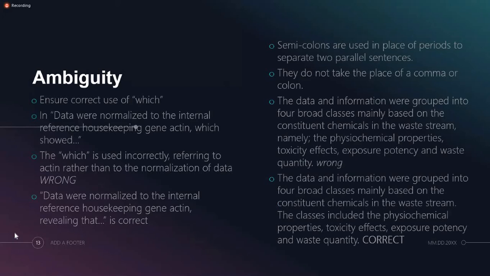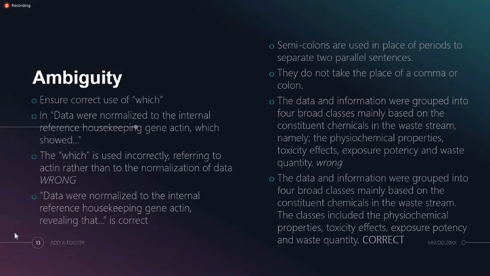Further to ambiguity: "data were normalized to the internal reference housekeeping gene actin, which showed", this "which" is incorrect here. The correct form is "data were normalized to the internal reference housekeeping gene actin, revealing that". So do not use "which", once again, a word which is most commonly used incorrectly.